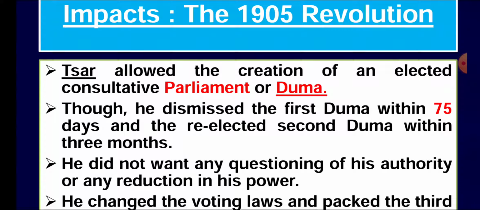Duma refers to parliament. Just like in our country we use the terminology Parliament, Lok Sabha, Rajya Sabha, elected representatives. In Japan it is known as Diet. In America it is known as Congress. So Duma was appointed. Although after 75 days, means 2.5 months only, Tsar Nicholas re-elected all the members, and those who were loyal to the king were given charge of this Duma.